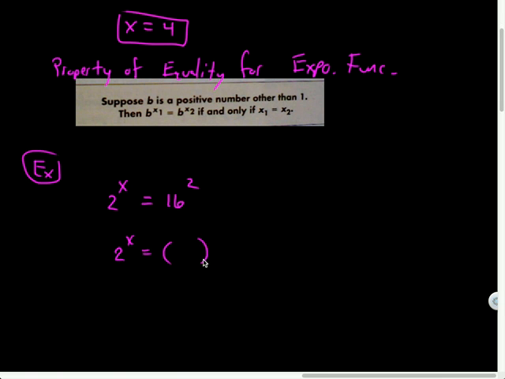I believe I can rewrite 16 as 2 to some power. 2 to what power is 16? 2 to the 4th. So 2 to the x equals 2 to the... Do I add or multiply those? Multiply, power to a power property, so that's 8. And then using this property, therefore x equals 8. So that's the only thing it could have been.